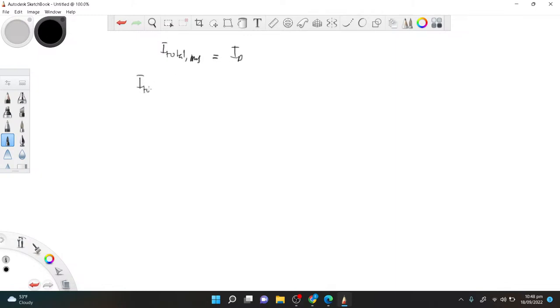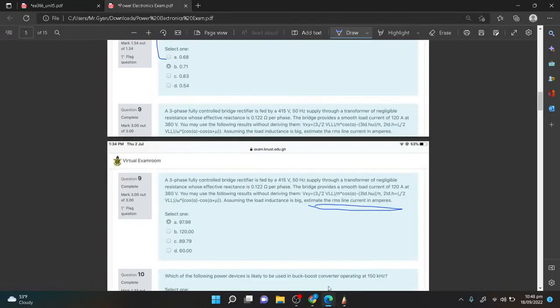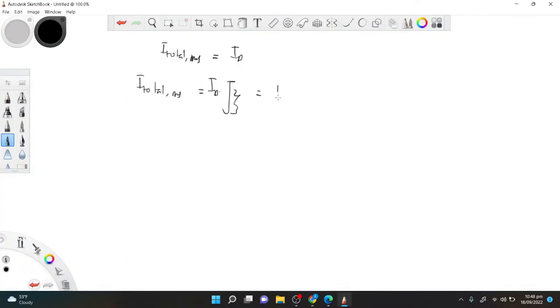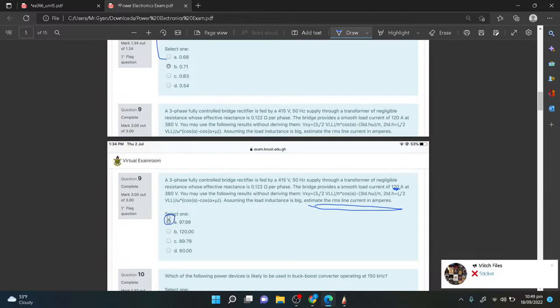For three phase, the total RMS current is ID times the square root of 2/3. We're given in the question that the diode current ID is 120, so you just put in 120 times the square root of 2/3, and that gives us 97.98. This is the answer.